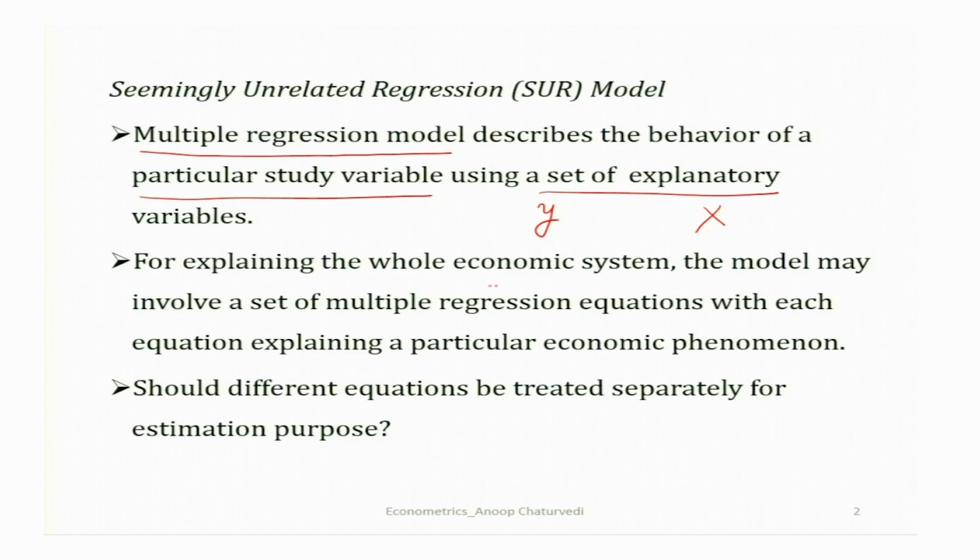Then for explaining the whole economic system, the model may involve a set of multiple regression equations. So, instead of a single equation, you may have a set of multiple regression equations, and each equation explains a particular economic phenomenon. Say you have 5 firms, then for each firm you have one model, so you have a set of 5 equations.